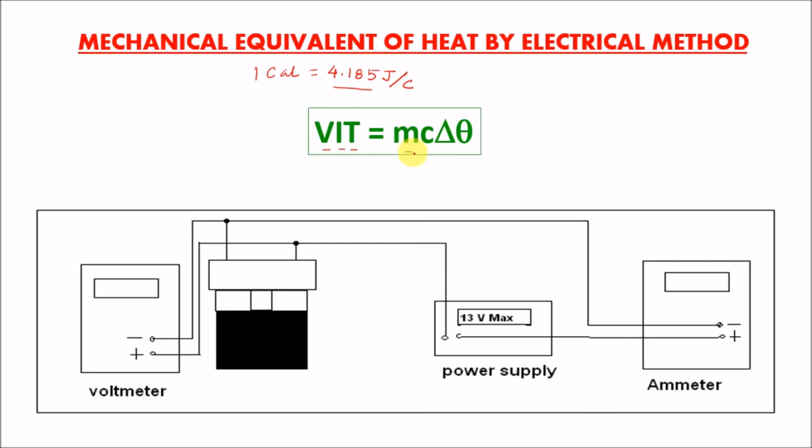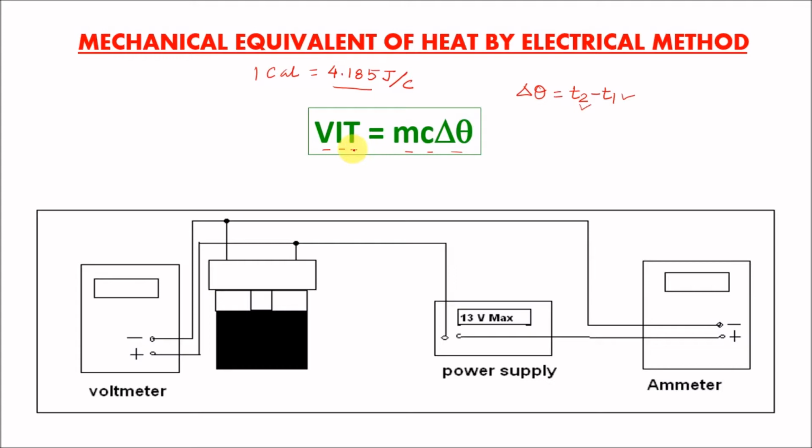M stands for the mass of the water, C is the specific heat of water, and delta theta is the temperature rise. In order to determine this temperature rise, we will find the final temperature minus the initial temperature. So we will first find the initial temperature and then the final temperature after the time t.